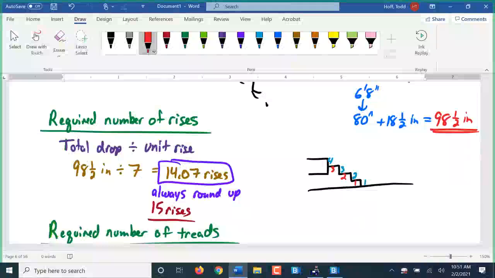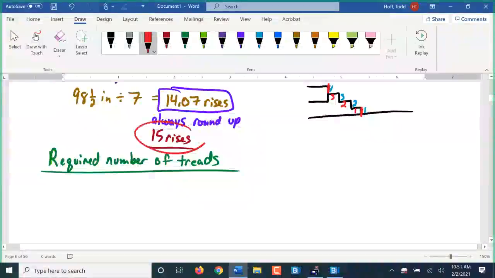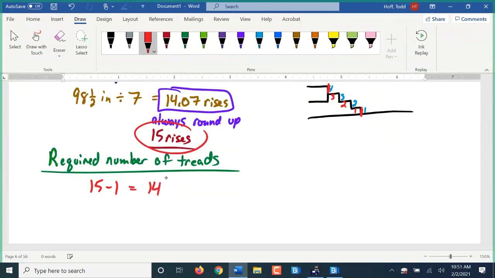The number of treads is always 1 less than the number of risers, because you have a riser on the bottom and on the top, you get a bonus one. You get one extra riser, so you only need 1 less tread. So if we need 15 risers, we need 15 minus 1, or 14 treads.